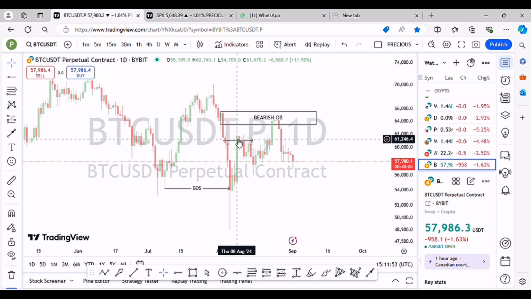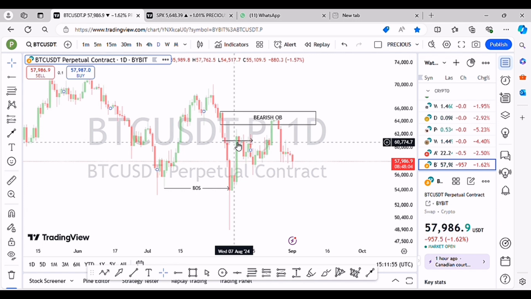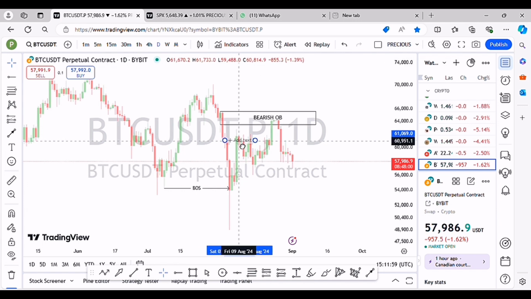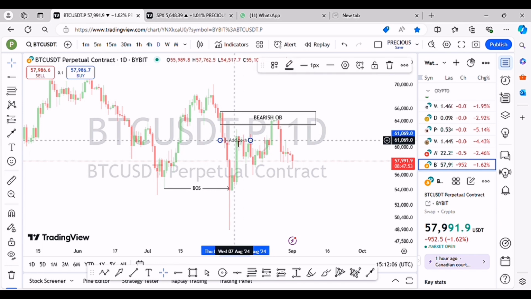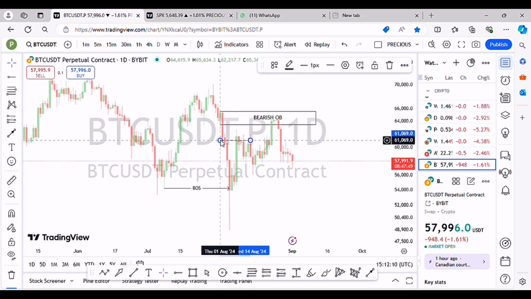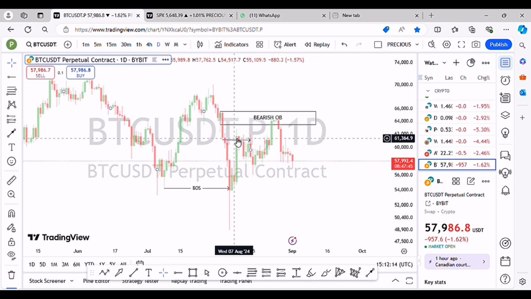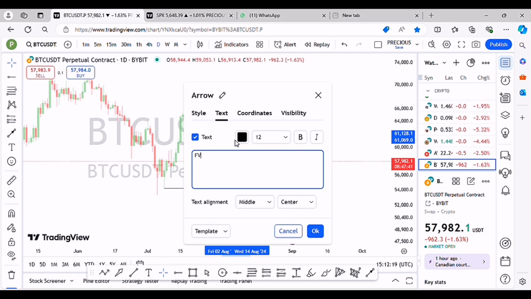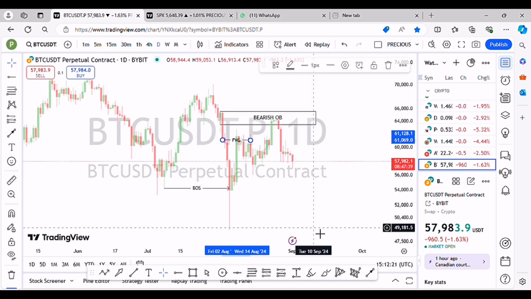FVG is fair value gap. If the gap is small, it's an FVG. But if the gap is large and wide, it's an imbalance, like there was a massive demand of buying or selling in the market, so it created an imbalance. But this gap is small, so this is my fair value gap. It's fair, so this is my fair value gap.